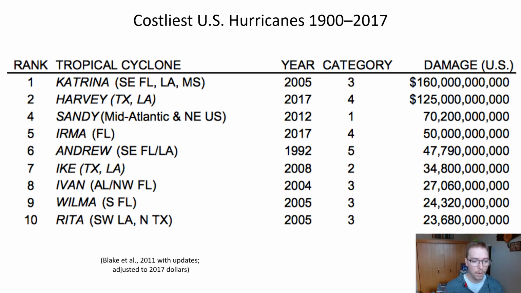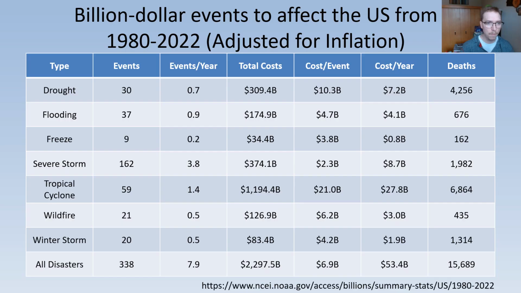So if we were to look at billion-dollar events to affect the U.S. from 1980 to 2022, adjusted for inflation, 30 drought events, 37 flooding events, 9 freezing events, 162 severe storms, 59 tropical cyclones, 21 wildfires, 20 winter storms.